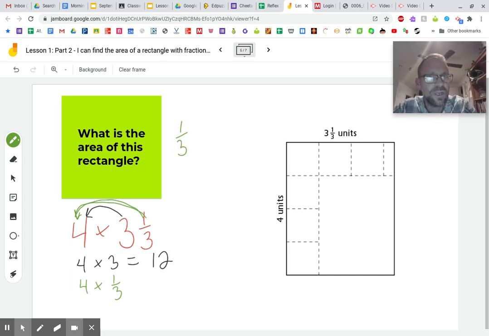Multiplication is a shortcut for repeated addition. So 1/3 plus 1/3 plus 1/3 plus 1/3 is the same as 4 times 1/3. It's 1, 2, 3, 4 thirds. And so we know that's 4/3, right? 1 plus 1 plus 1 plus 1 is 4. 4/3. Now we got to turn that back into a whole number that we can add to the 12.